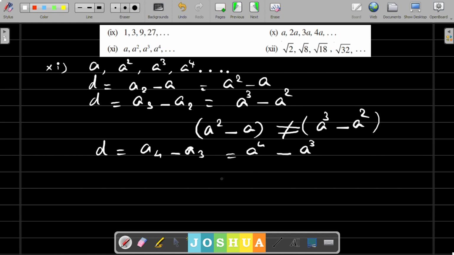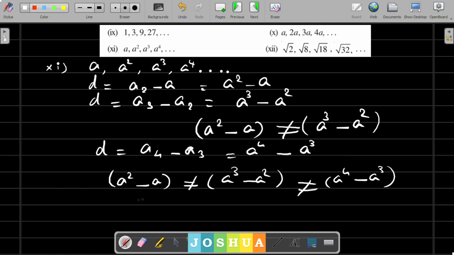We know the first difference, a square minus a, is not equal to a cube minus a square, and that is not equal to a to the power 4 minus a cube. So therefore it is not an AP. So no need to find the next 3 terms.